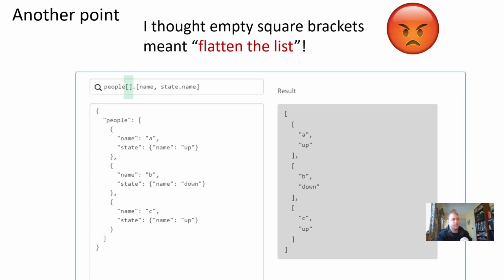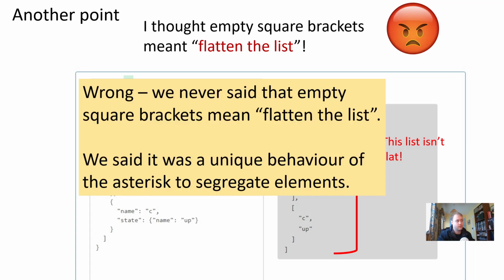Now this is where the angry man comes in and says, I thought empty square brackets meant flatten a list. So let's address him properly now. And that list isn't flat. Well, we never actually said that empty square brackets mean flatten the list.